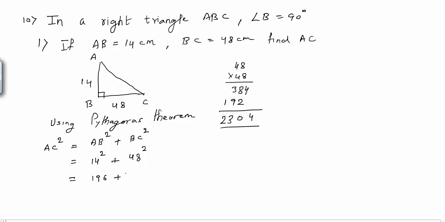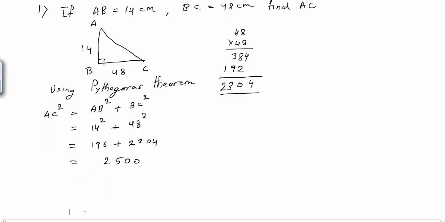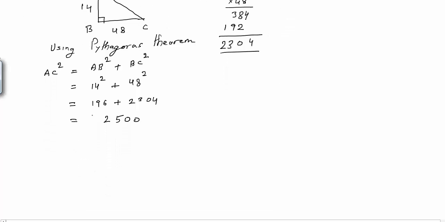So 196 plus 2304, and the answer is 6 plus 4 is 10, 9 plus 1 is 10, 3 plus 1 is 4 and 1 carry, so it is 5, and this is 2.